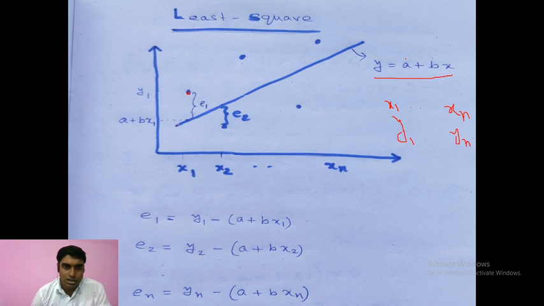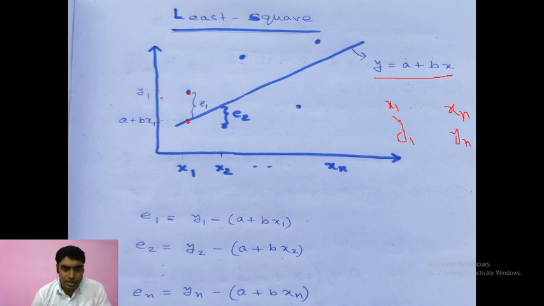When you put x1 into this straight line, you get the new y1, the approximation of y1, and the value will be a plus bx1 when you put x equal to x1. That is the approximating point of y1 by this straight line, and its location is x1 and a plus bx1. So this point is a plus bx1, and here this is y1.